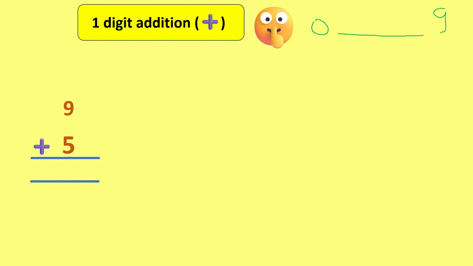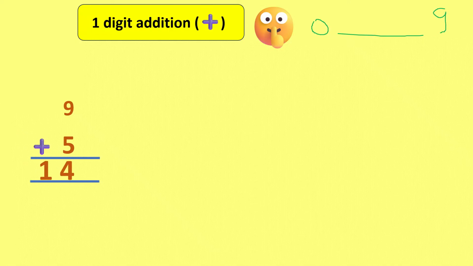Look at the other number, it's a 9 which is under 10, and a 5 which is also under 10. So it's a single digit number. When we add a 5 to a 9, what we have to do is just draw dots.